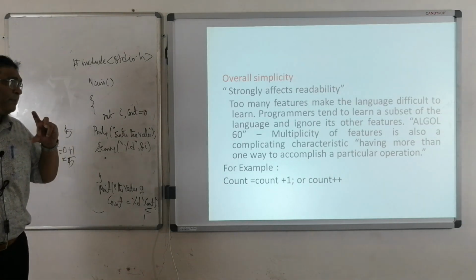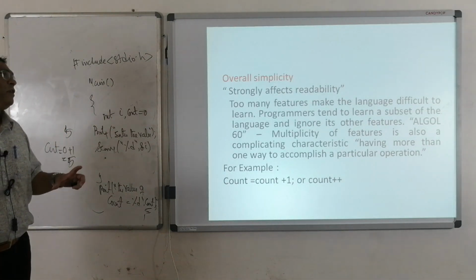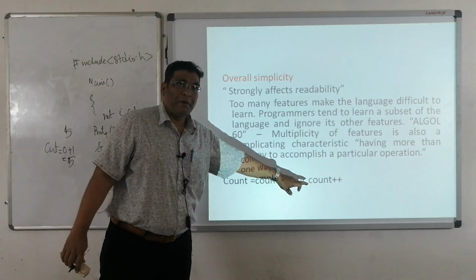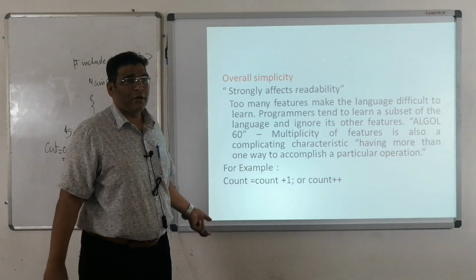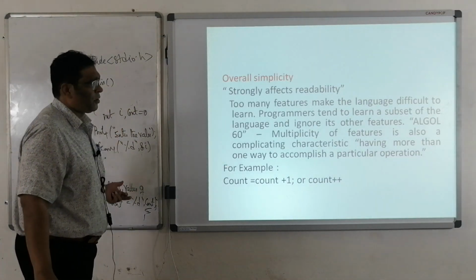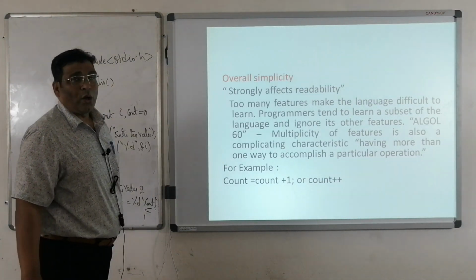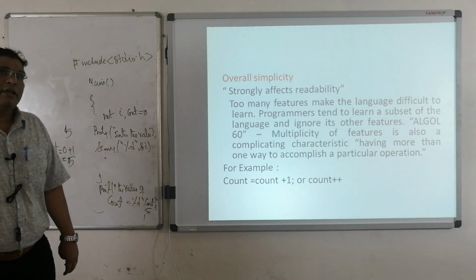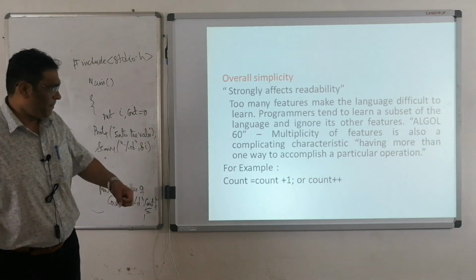Overall simplicity strongly affects readability. The example is count plus 1 or count plus plus. There are different ways to write the program. That's why I have mentioned this program. And this is overall simplicity: if you write one program, there are different ways to write that program.